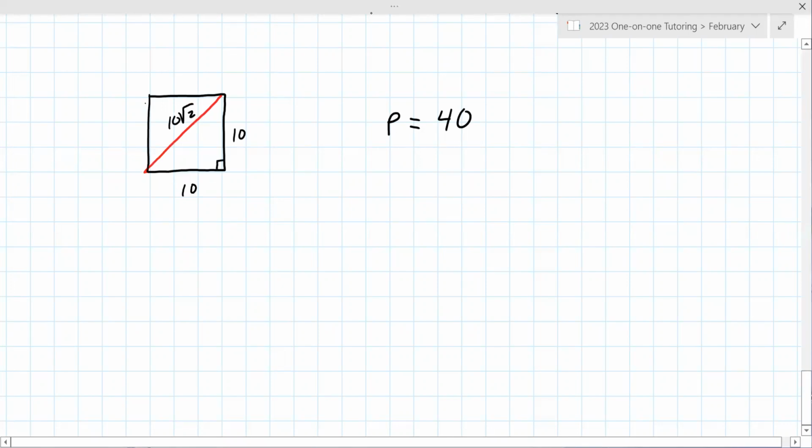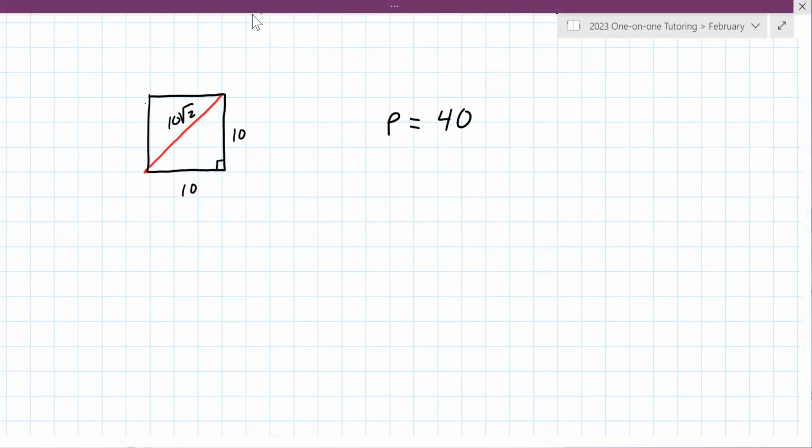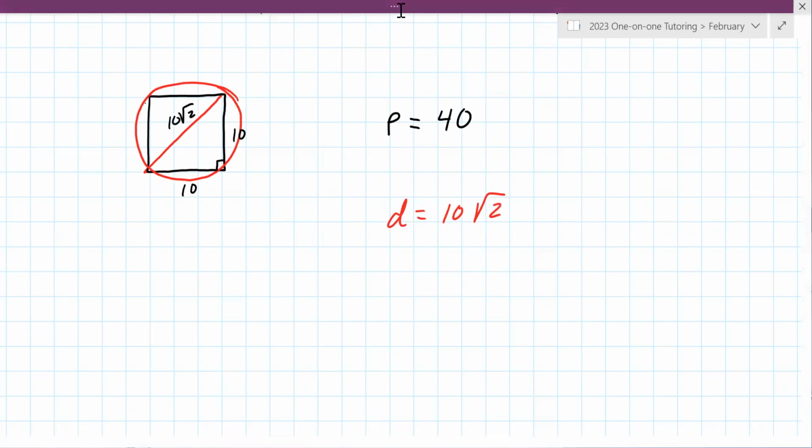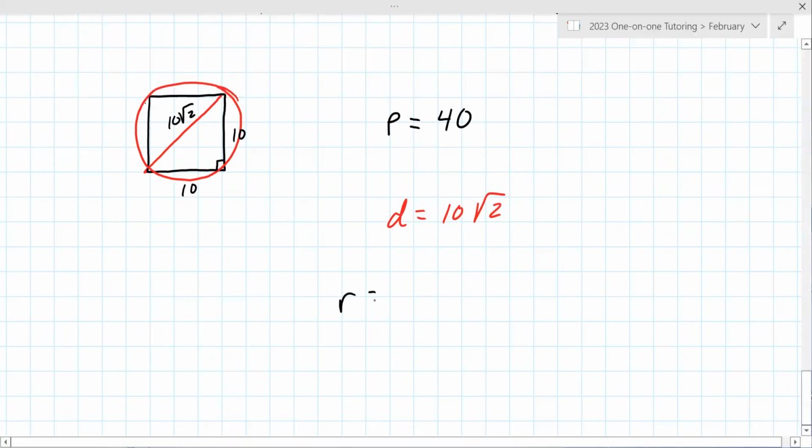But that's good. So now if we had a circle circumscribed on the outside, its diameter is 10 square root 2. So for its radius, you have to take half of the diameter.